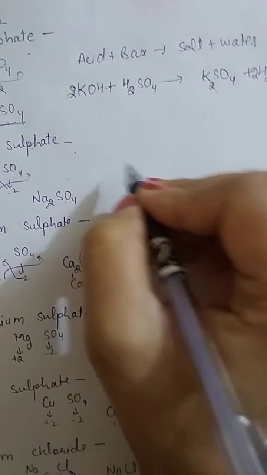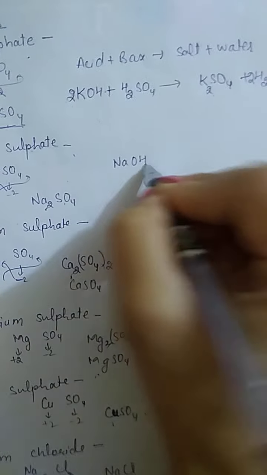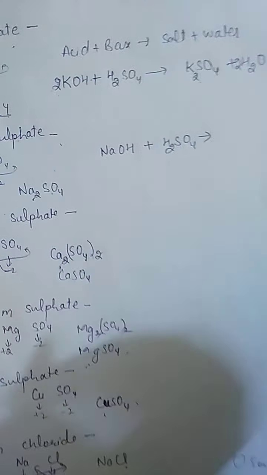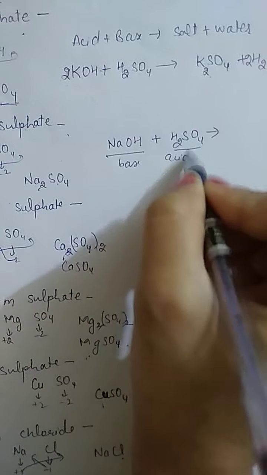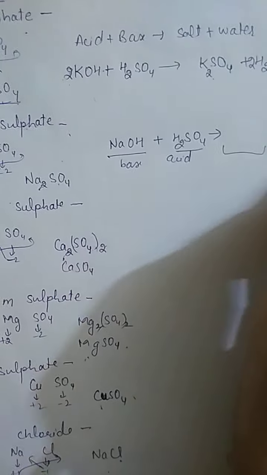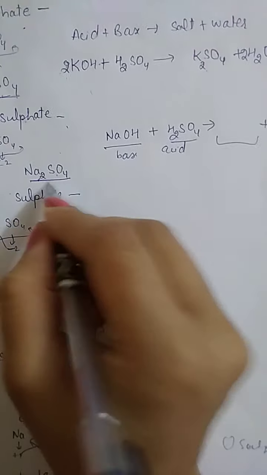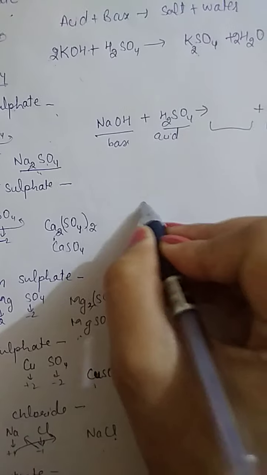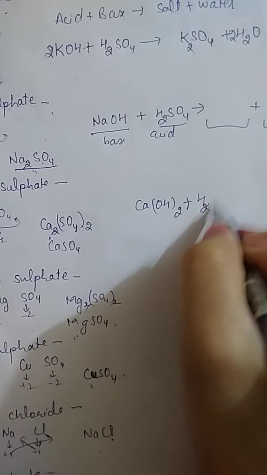Next one is sodium sulfate. It is NaOH plus sulfuric acid. So this is the base, this is the acid, and you will write the product here. That product salt is this, and water will be here. Next one is calcium hydroxide and sulfuric acid.